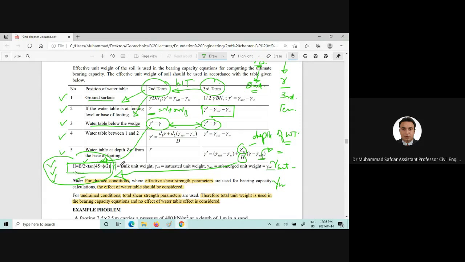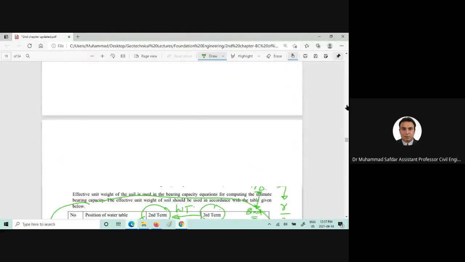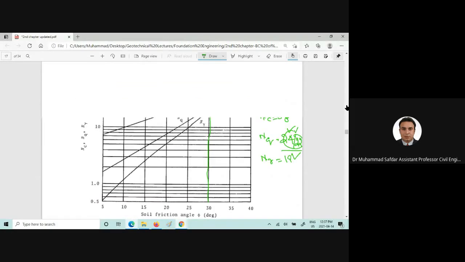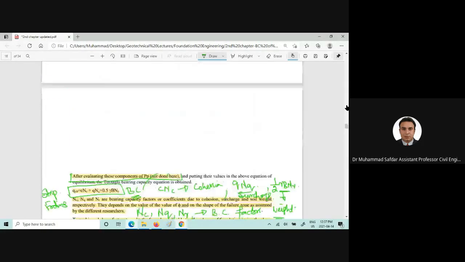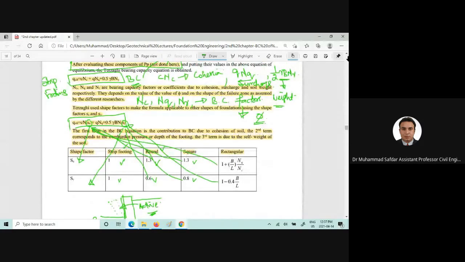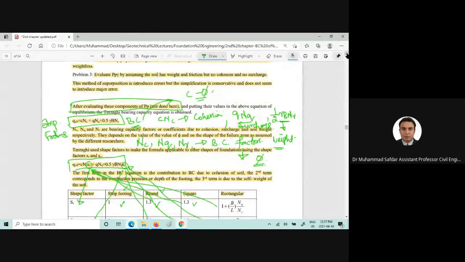So that's how we can use and modify the different terms in the bearing capacity equation. But the important equation for today is Terzaghi's bearing capacity equation, which I would call the benchmark equation for finding the bearing capacity of the soil.